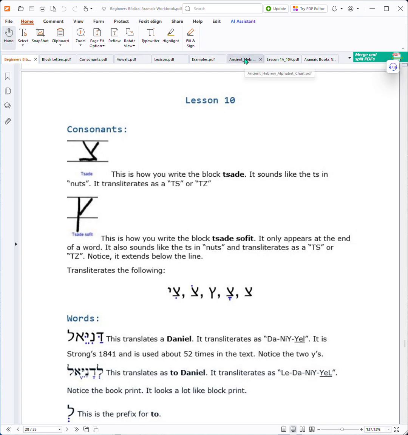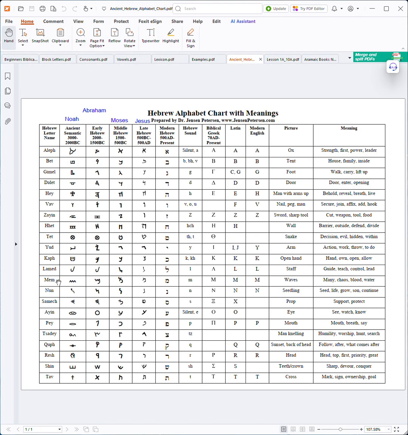Now when we look at the ancient, it's down here at the end. It looks like a squiggly thing. It says a man kneeling, humility, worship, hunt, or search. You don't see that, but it could be. Okay.